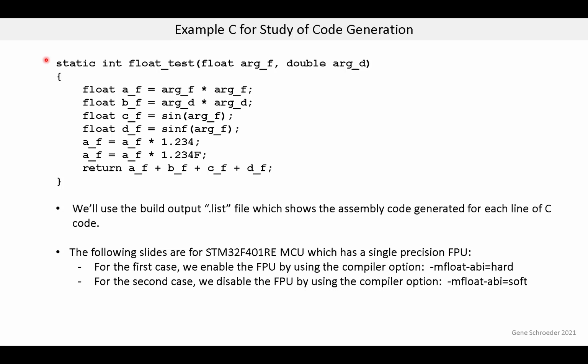I won't go through this line by line here, but what the function does is uses floats and doubles in various scenarios. We'll be looking at the build output, the .list file that can be generated when you do a build. This is a great file to look at because it shows the lines of C code followed by the assembly language that was generated.